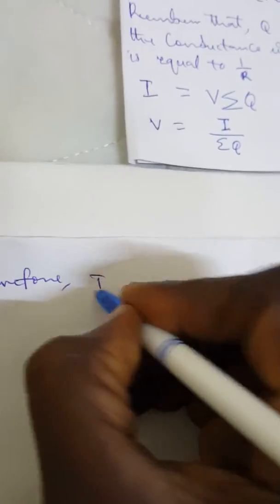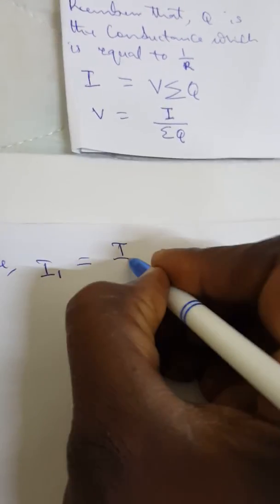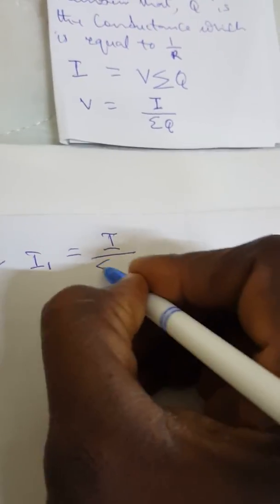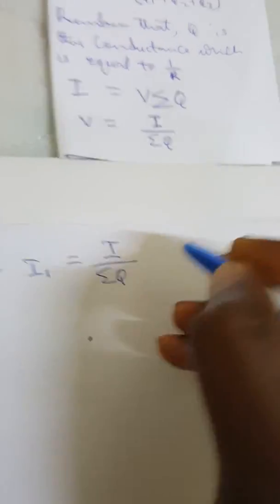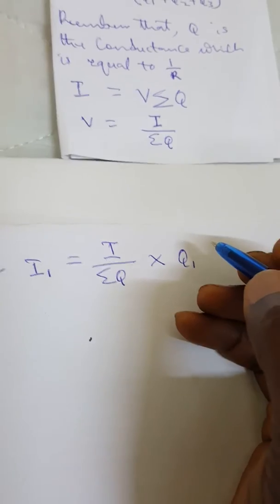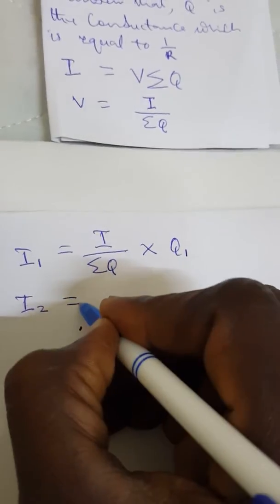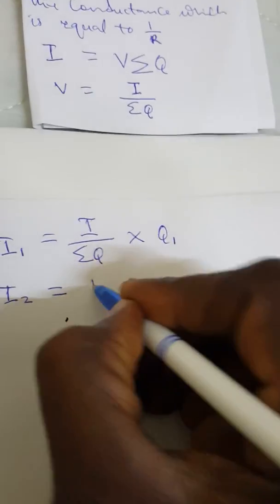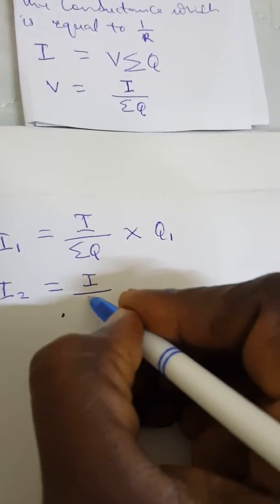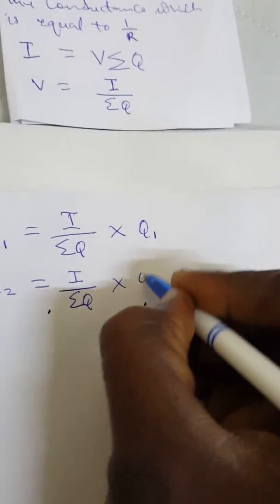Therefore, I1 is equal to I over the total of G, multiplied by G1. I2 is equal to I all over the total of G, multiplied by G2.